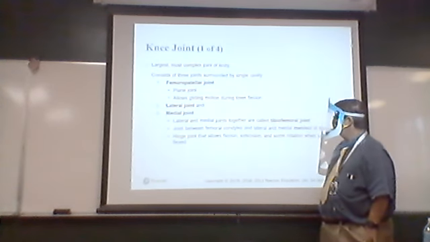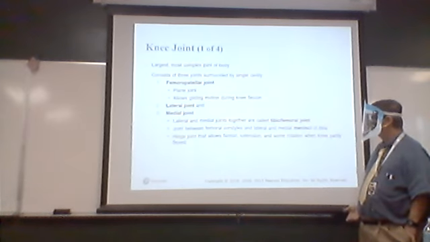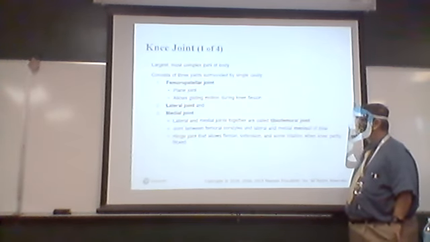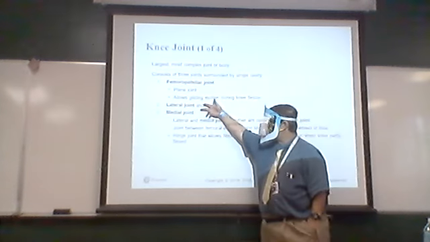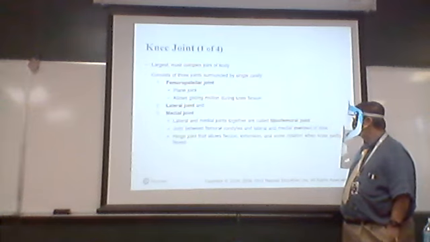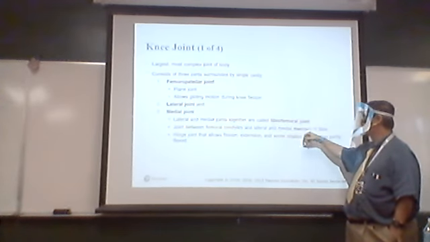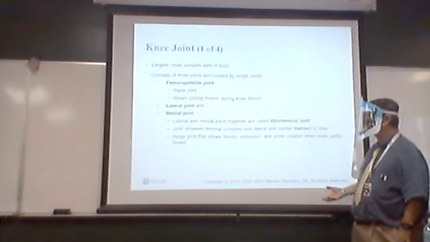The lateral and medial joints together are the tibiofemoral joint. So you actually have two articular surfaces, between the condyles and the lateral meniscus. Plural would be menisci, but you have a meniscus.